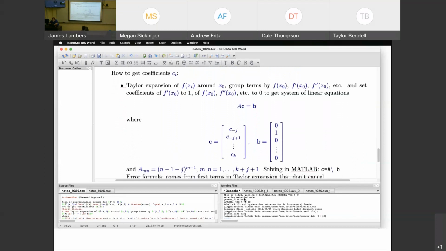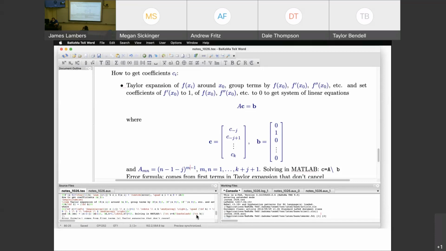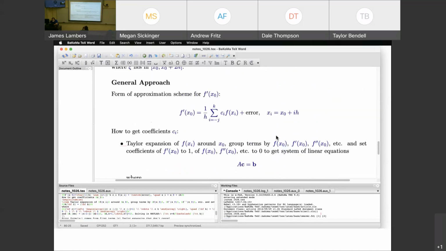And then the entries of the matrix all have this form. The base depends on the indices of multiples of h, so the indices of the points that are used here.